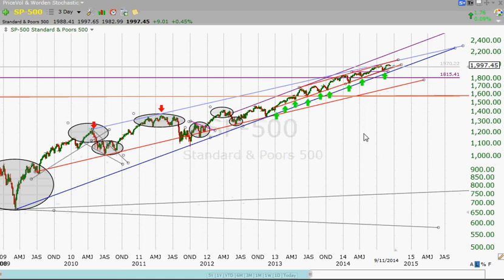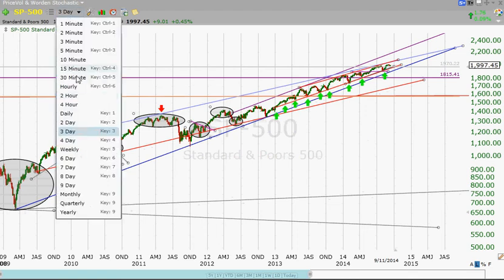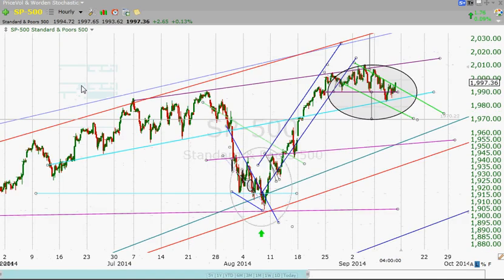And now we've got a smaller, but still a fairly well-defined inverted head and shoulders pattern in the S&P that if we break out over 2010 to a technically significant margin, which honestly means getting significantly over that line by 1%, that still leaves probably about 75 to 85 points of gain in the S&P.